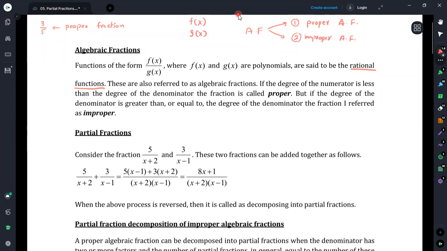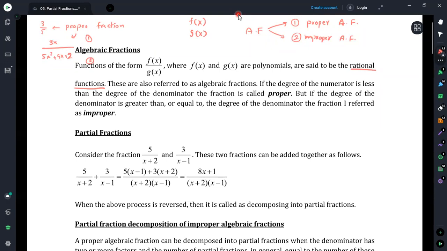Suppose we have 3x over 5x squared plus 9x plus 2. Here the degree of the numerator is 1 and the degree of the denominator is 2. The degree of the numerator is less than the degree of the denominator. That's why we call this type of fraction a proper algebraic fraction.